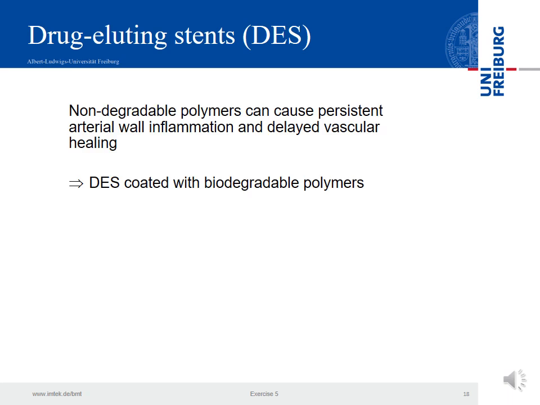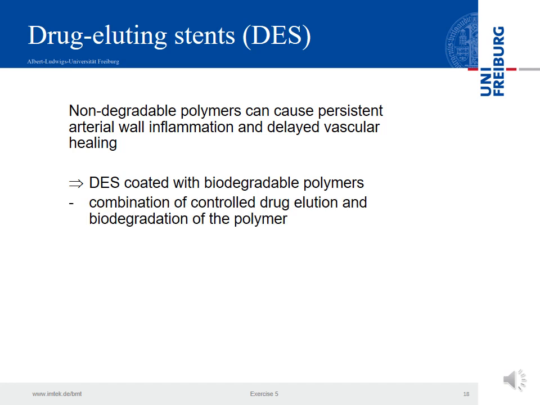So, non-degradable polymers, however, could cause persistent arterial wall inflammation and delayed vascular healing, and therefore the idea is to coat drug-eluting stents with biodegradable polymers, so that we have a combination of controlled drug elution and biodegradation of the polymer, and after all there's a bare metal stent that remains in the artery.